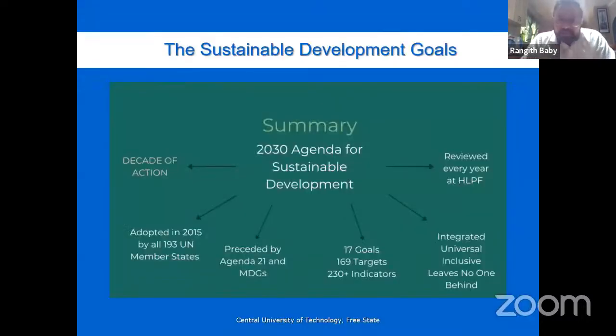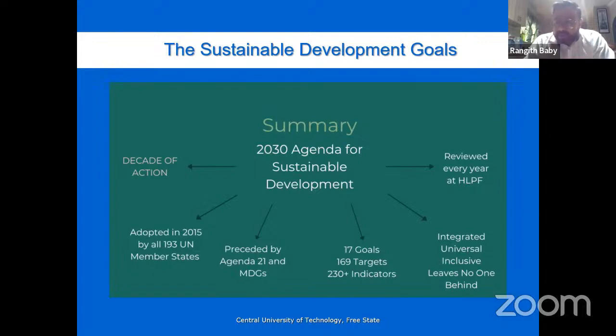Right. So now coming to the main topic of our discussion, we'll be talking about the Sustainable Development Goals. So these were a set of goals that were adopted in 2015, just to give a brief background, by all 193 United Nations member states.